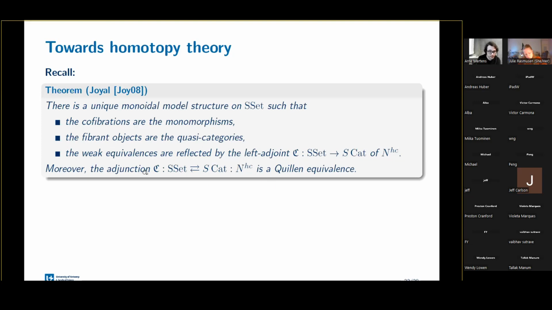And in fact, this adjunction between the homotopy coherent nerve and this rigidification functor is an equivalence, so really establishing both as equivalent models for the same thing, that thing being infinity-one categories. And moreover, this model structure is model monoidal, which is one of the important features that it has.